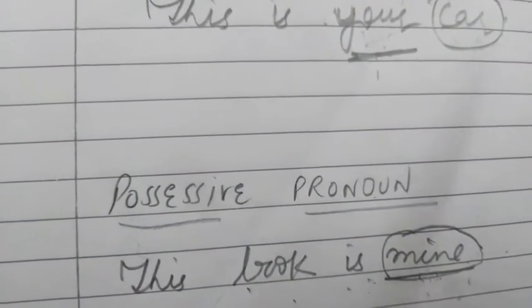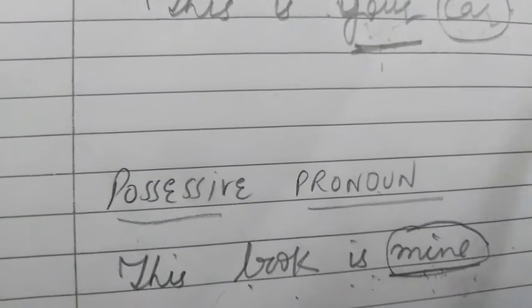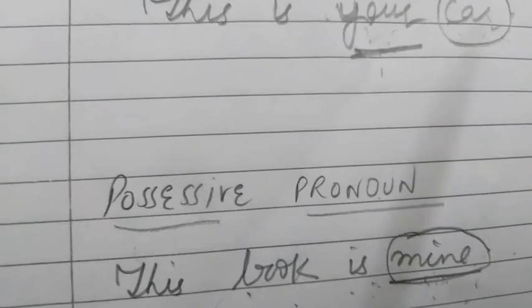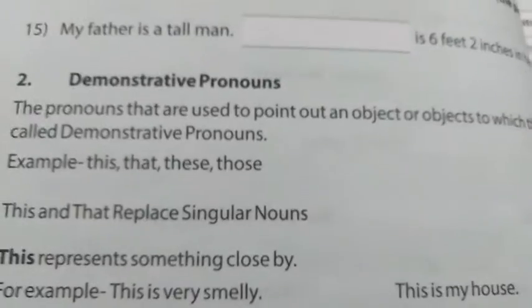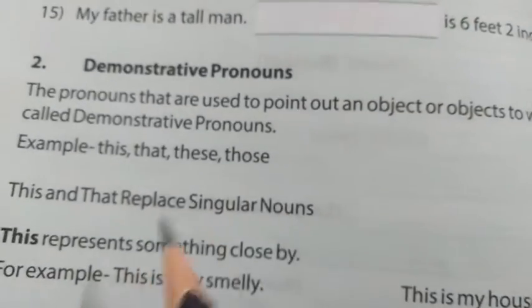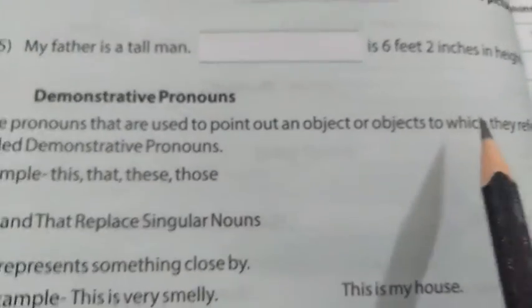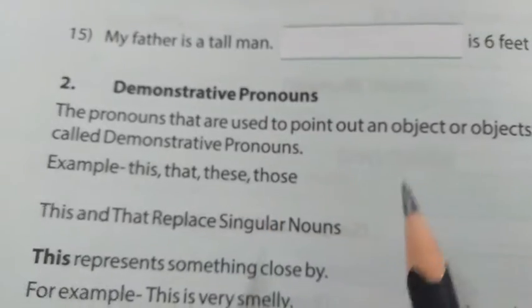Now let's move to the next part of the pronouns. The next kind which we have to discuss is the demonstrative pronouns. So demonstrative pronouns are the words which are used to point out an object or objects to which they refer. They are called demonstrative pronouns, to point out at things.